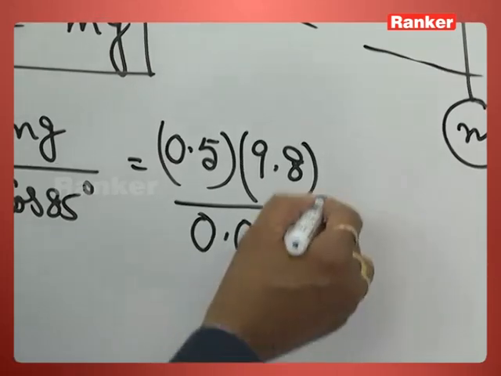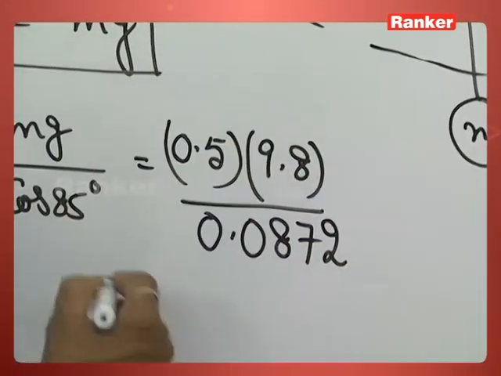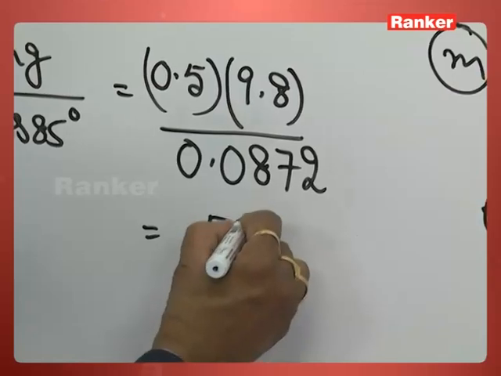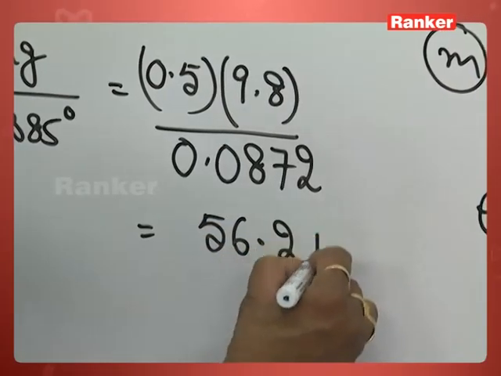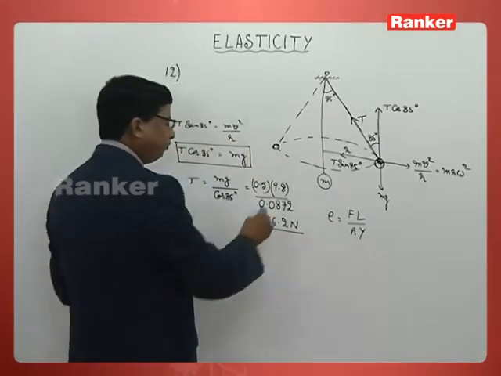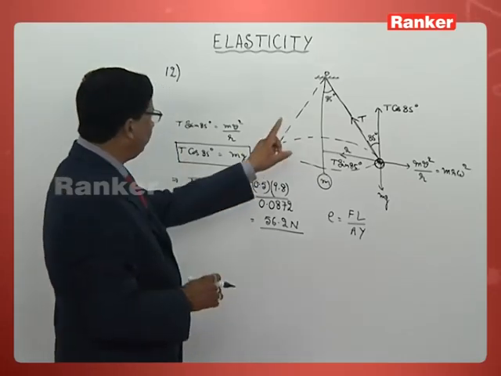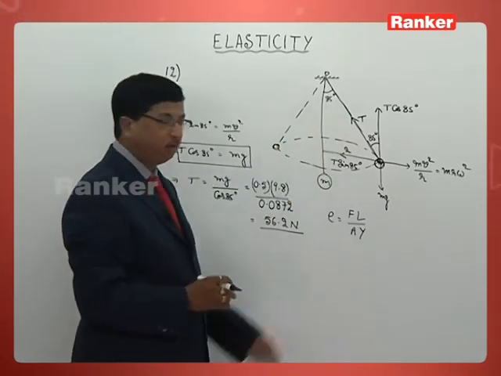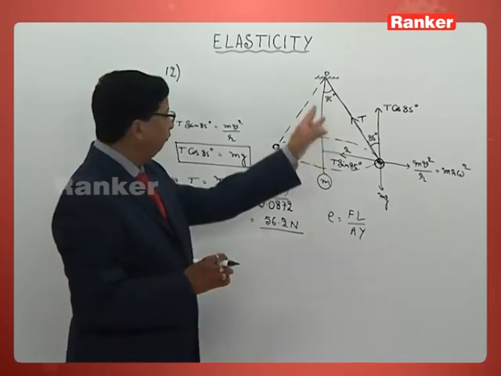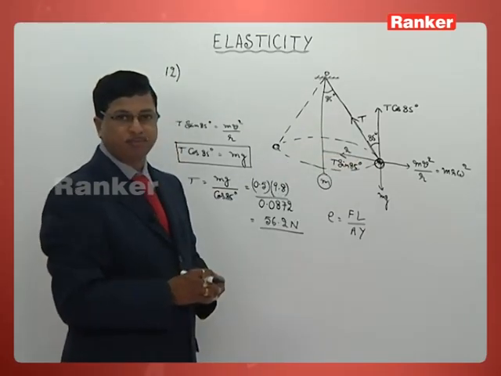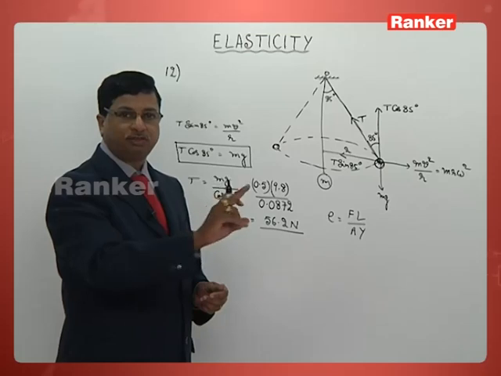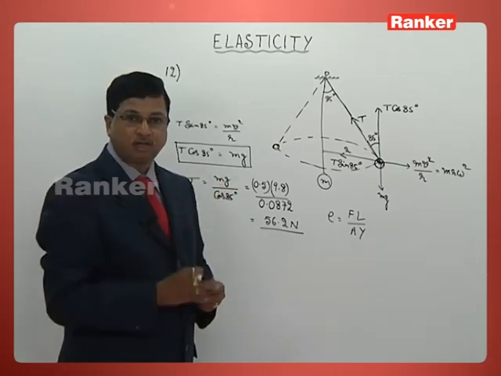If you simplify this value, you will get around 56.2 Newton. That is the value of tension the string is going to have when the body is moving along the horizontal circle.